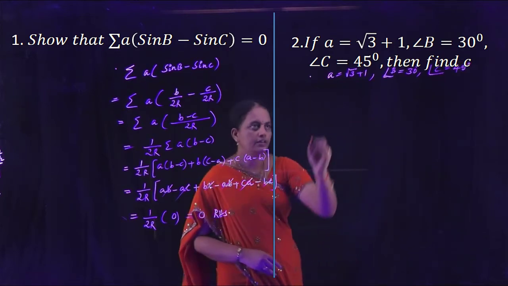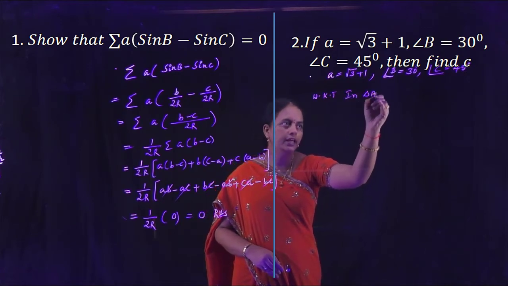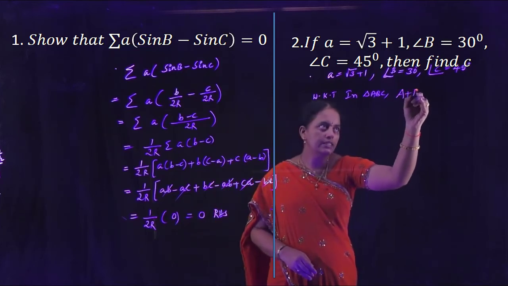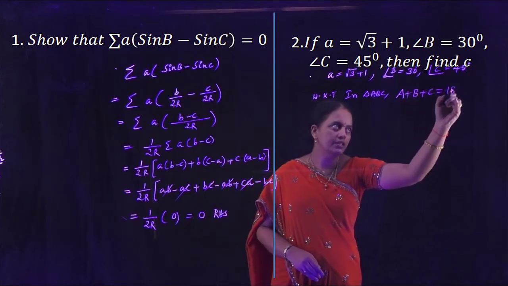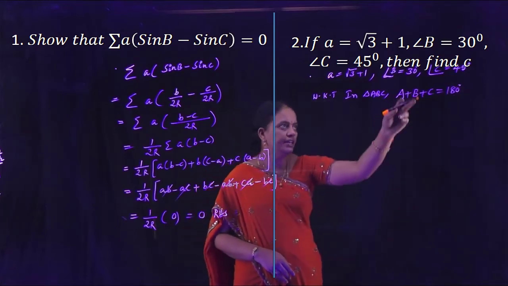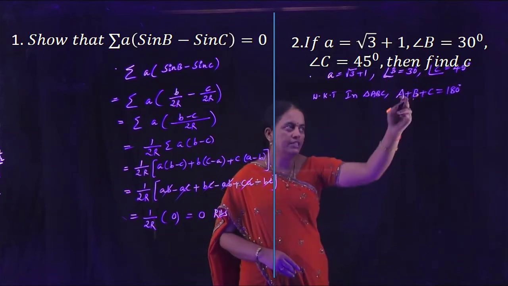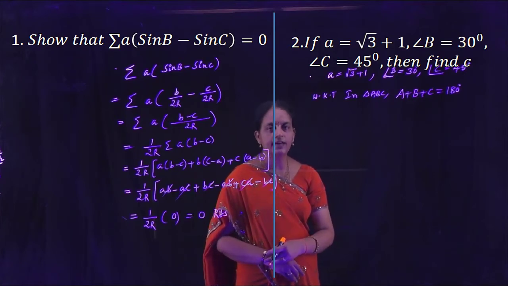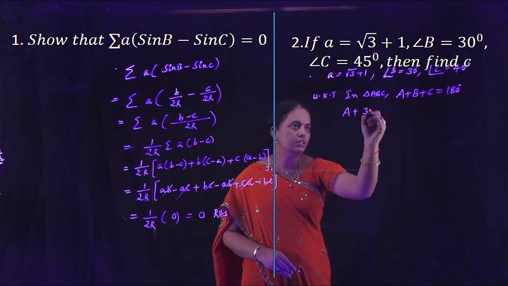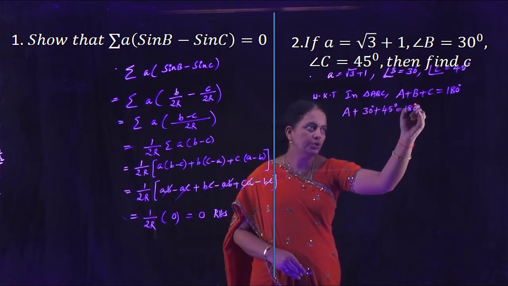Okay, we know that in triangle ABC, sum of angles, that means angle A plus angle B plus angle C is equal to 180 degrees. Here we know the values of B and C. By substituting those two angles, we can get the value of angle A. So A plus 30 degrees plus 45 degrees is equal to 180.